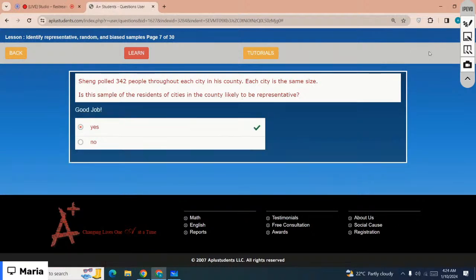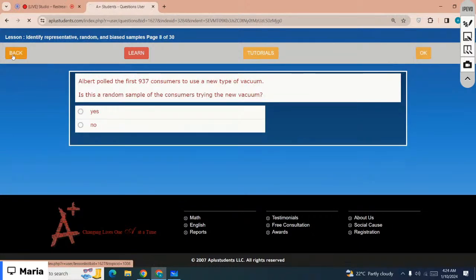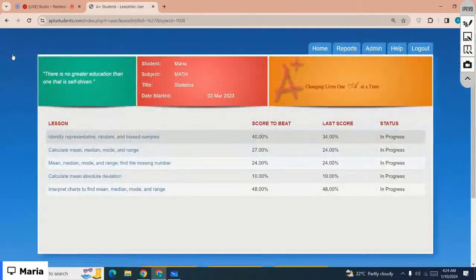Okay, you can complete the lesson by yourself later today. Let me just move on to the next lesson. Because the city is equally divided into groups of people, there is an equal chance anyone can be selected, right?